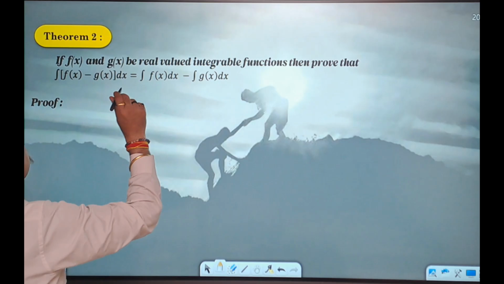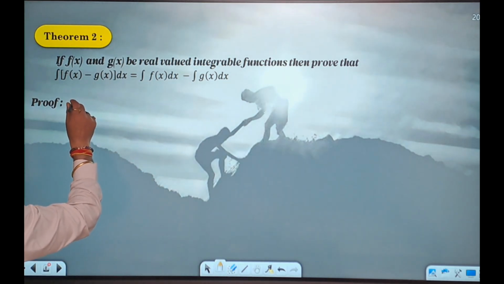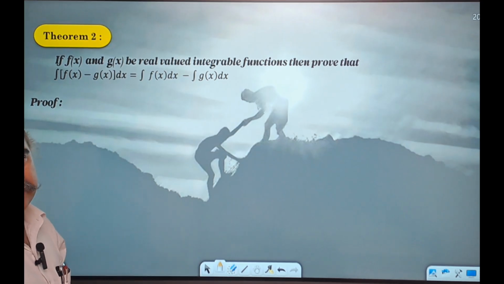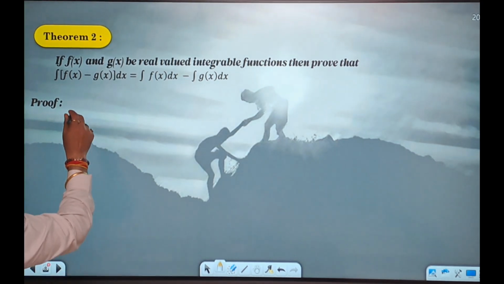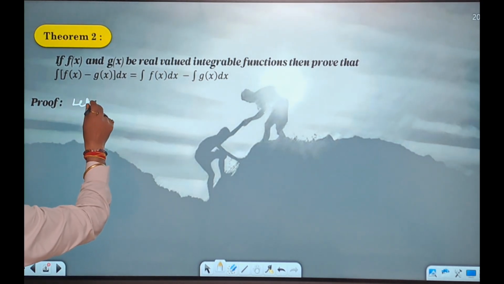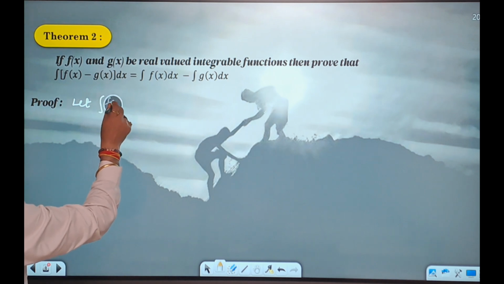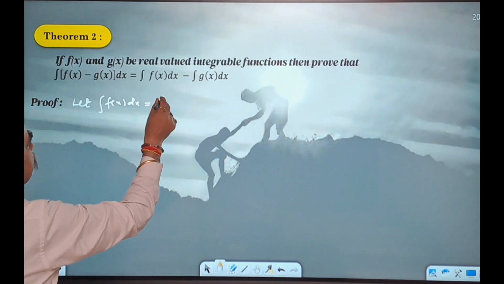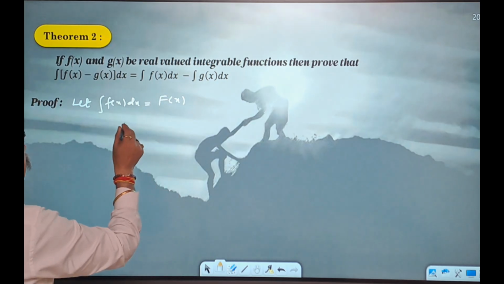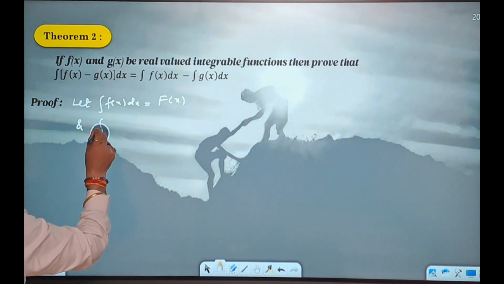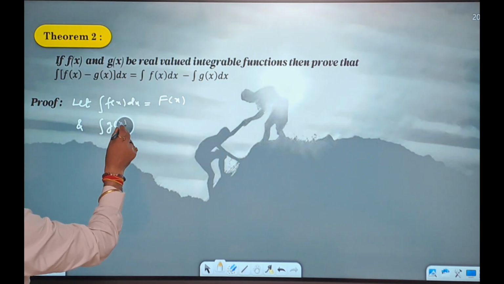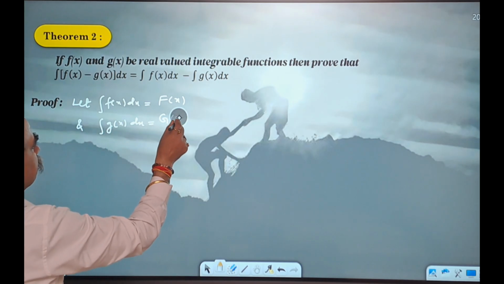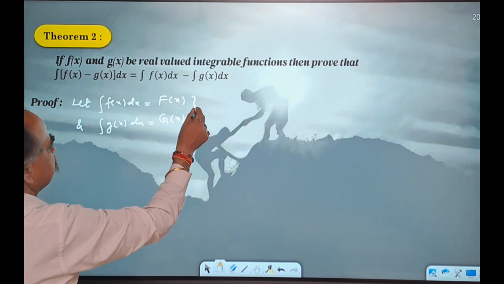If it is plus or minus, same thing. See the proof. We will take these individual integrals as capital Fx and capital Gx. Let integral fx dx is equal to capital Fx and integral gx dx is capital Gx. Write this as equation number 1.